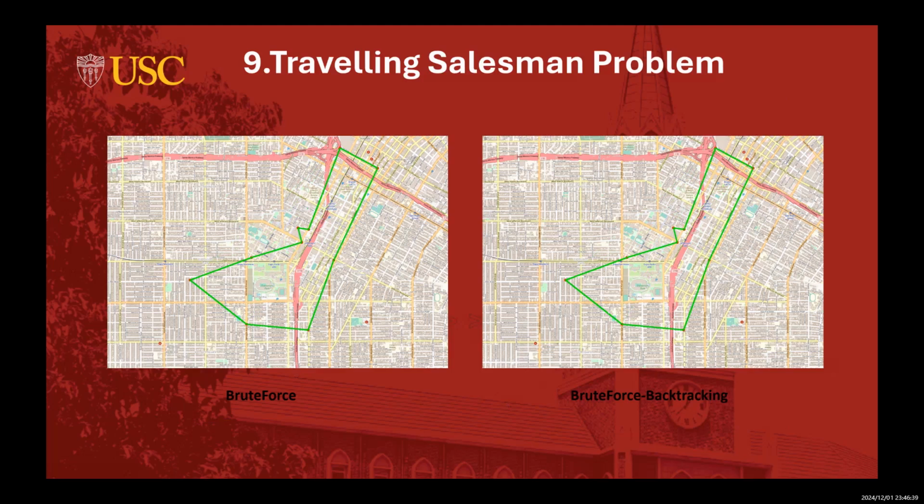This is because brute force with backtracking will prune some branches in the DFS algorithm.